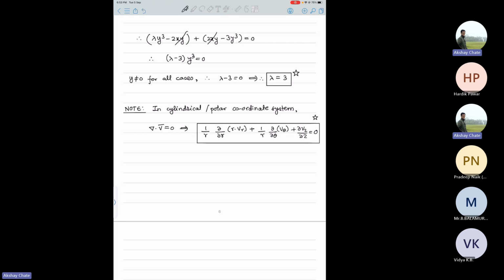Then we go to acceleration. Earlier we only defined its formula.